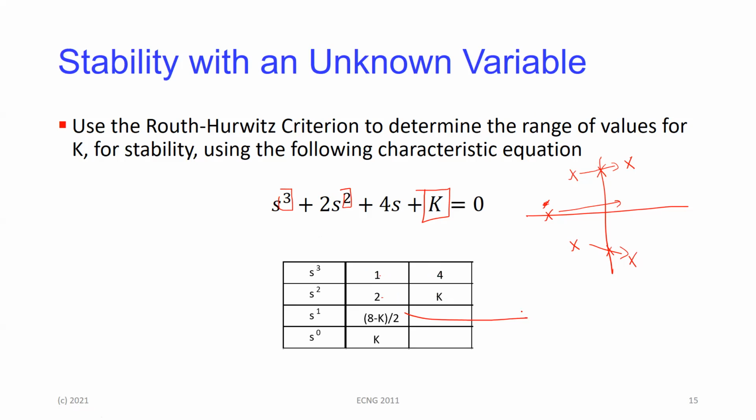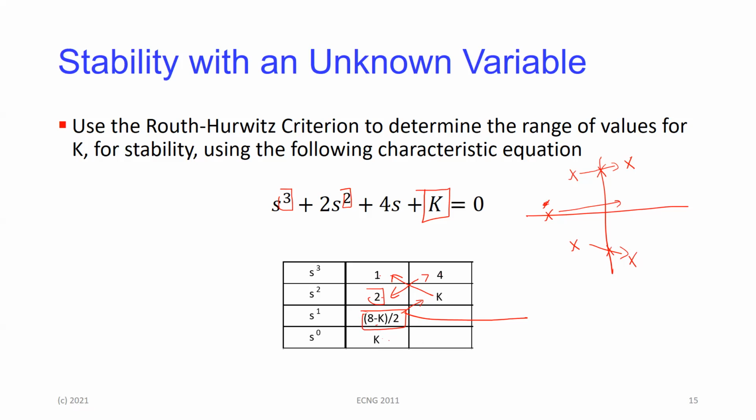This cell here, of course, is 4 by 2 minus K by 1, divided by 4. So that's 8 minus K over 4. And then this cell here is this by K minus 2 by 0 divided by this. So this is in fact K here.